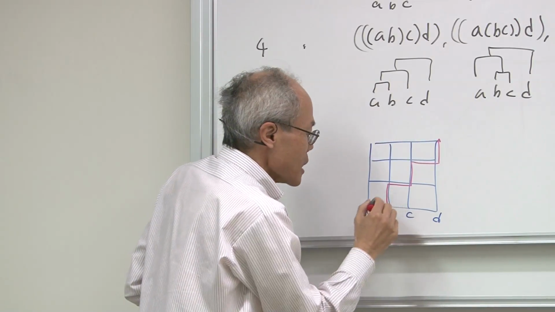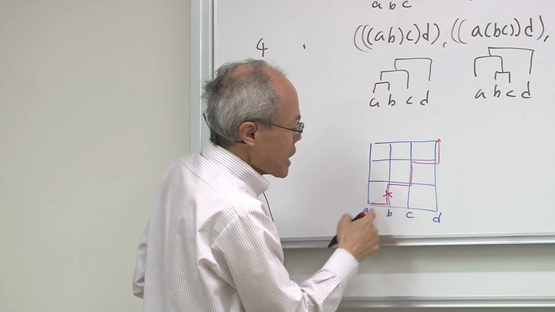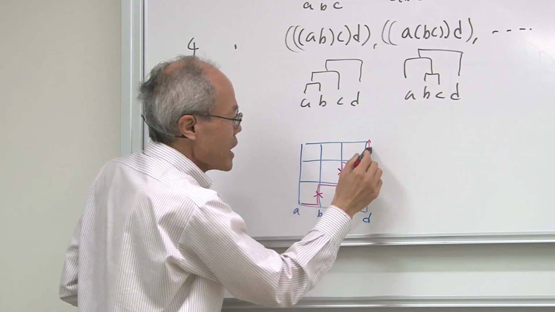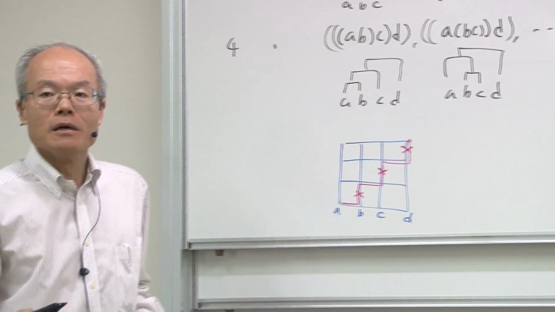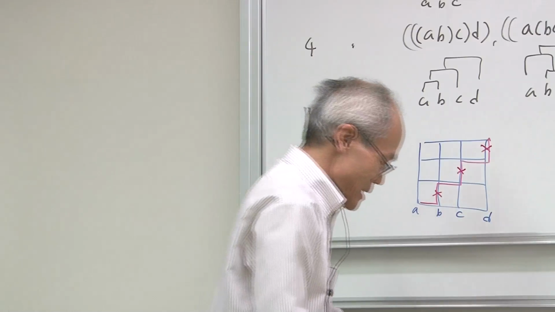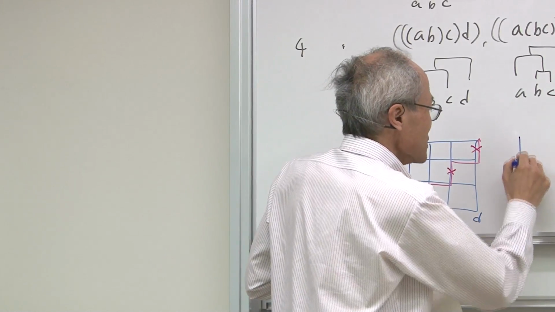That means you first multiply A and B, then C and D. Okay? So this is a representation.